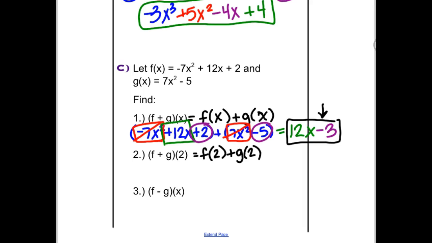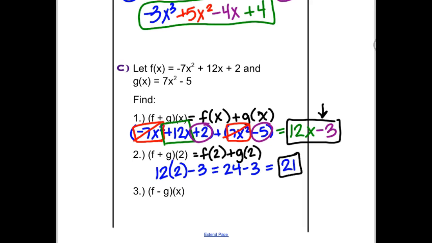I'm going to go the shorter route, and I know that means I'm going to take 12 times 2 minus 3, because we've already established f plus g of x is 12x minus 3. Well, 12 times 2 is 24, minus 3 gives us a final answer of 21.